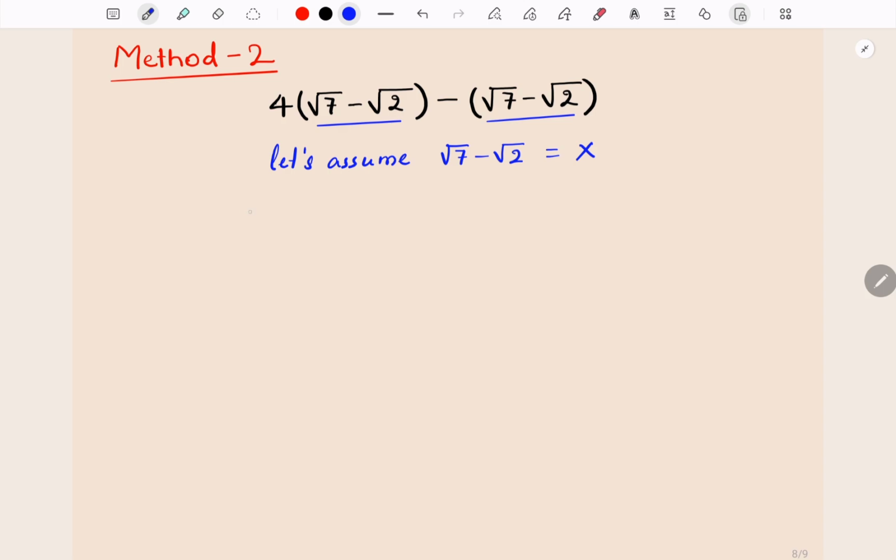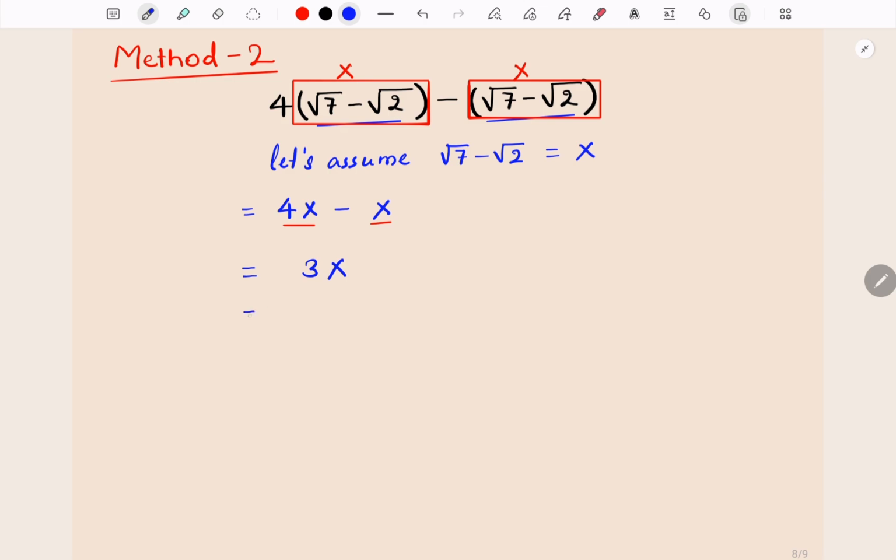So if you replace root 7 minus root 2 as x in the original question, it will become 4x minus x. Why? Because I have replaced this whole part with x, so that would become 4x, and here I have replaced this whole part with x, so here I have written minus x. 4x minus x is 3x.